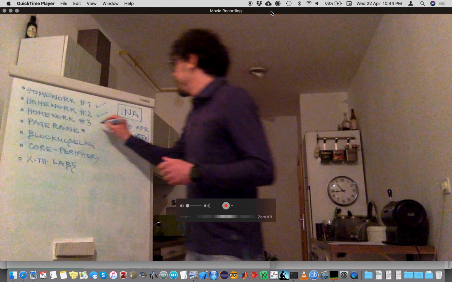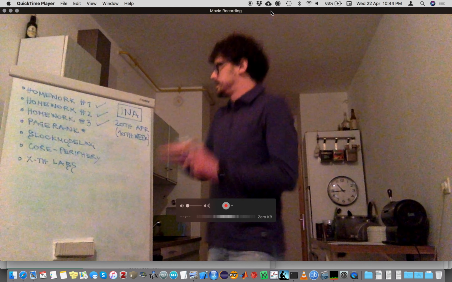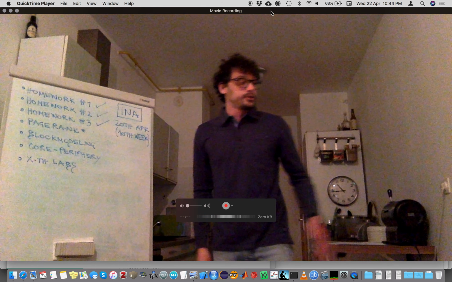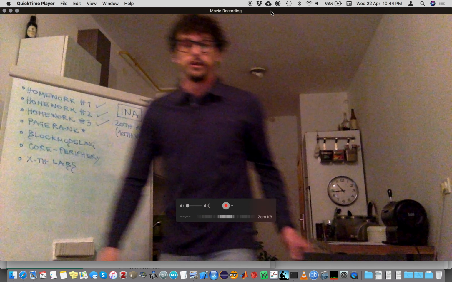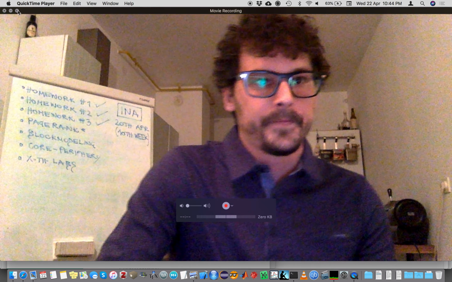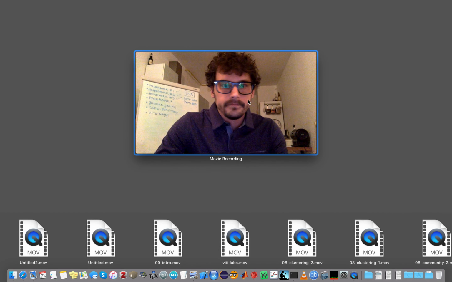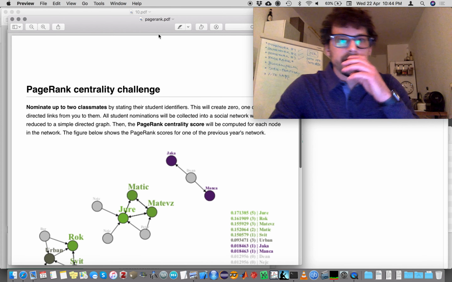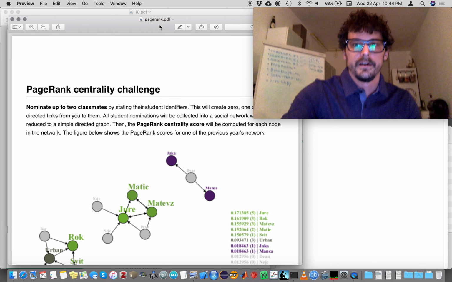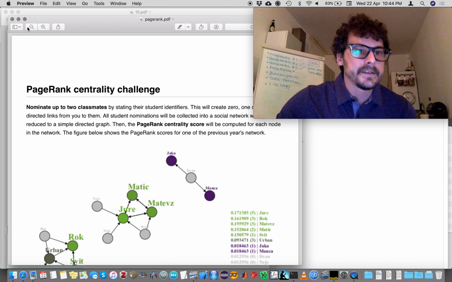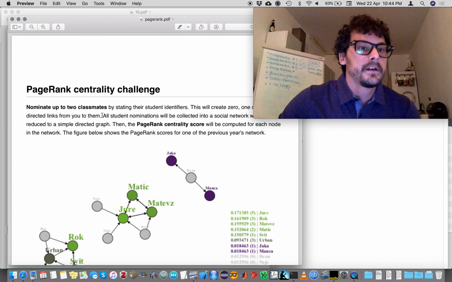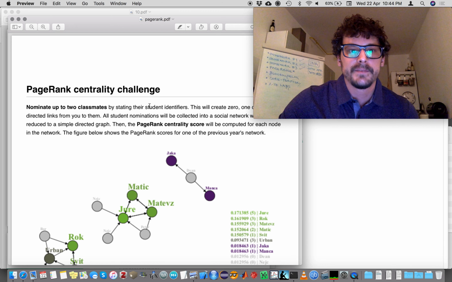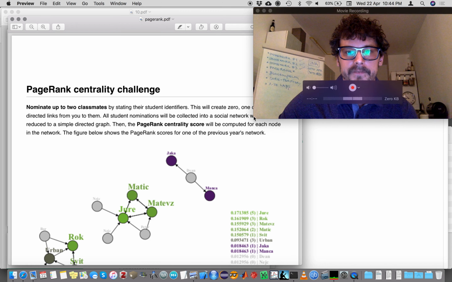So the only thing that we are left with is the new challenge, the PageRank challenge that was out on Monday, and let us read the instructions together. Okay, so here are the instructions at the regular location, and the instructions read: nominate up to 2 classmates by stating their student identifiers.